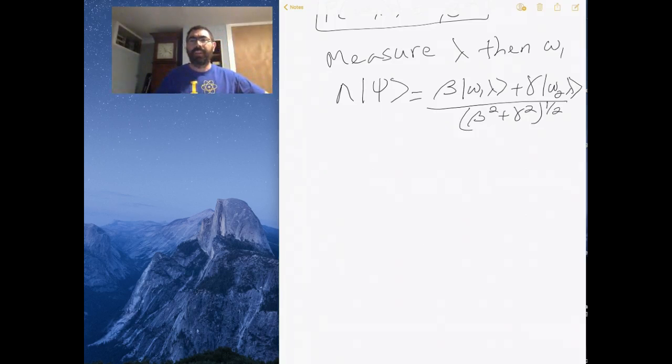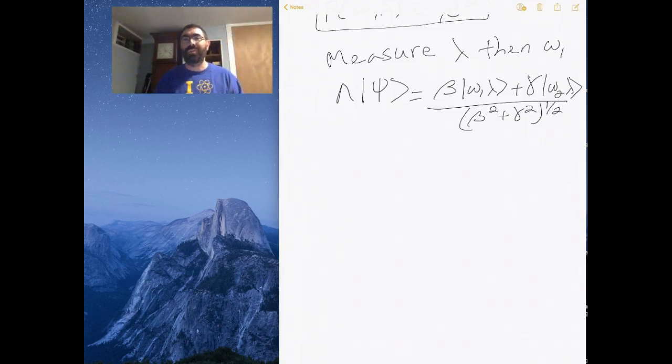So by selecting the degenerate states, we select both of them. It's still a superposition. We haven't decided yet whether we selected omega 1 lambda or omega 2 lambda. Those two possibilities still exist, because all we've done so far is make a measurement of lambda, selecting the eigenvalue of little lambda.